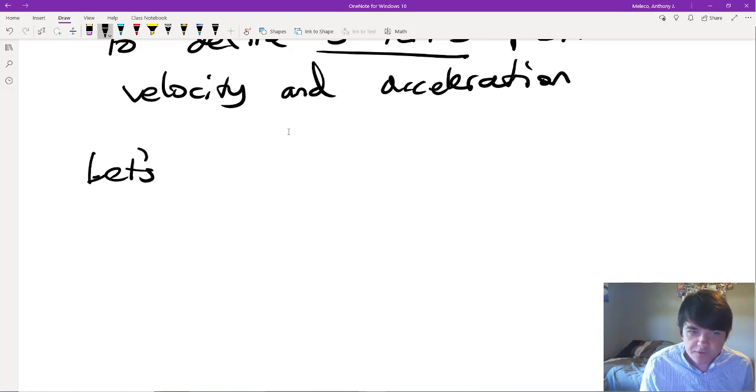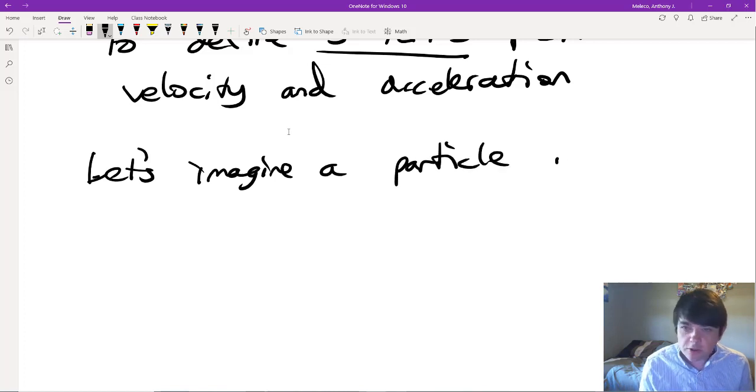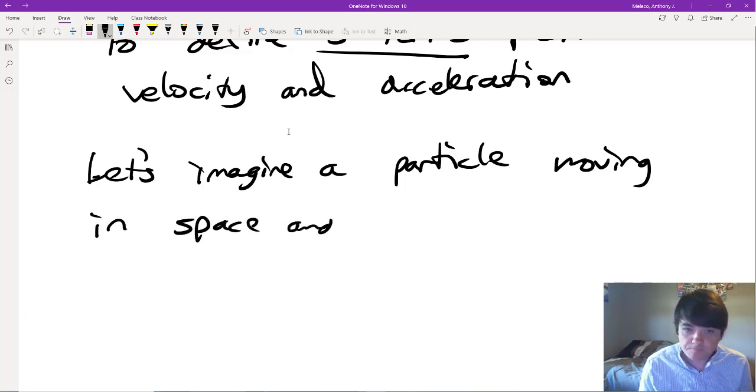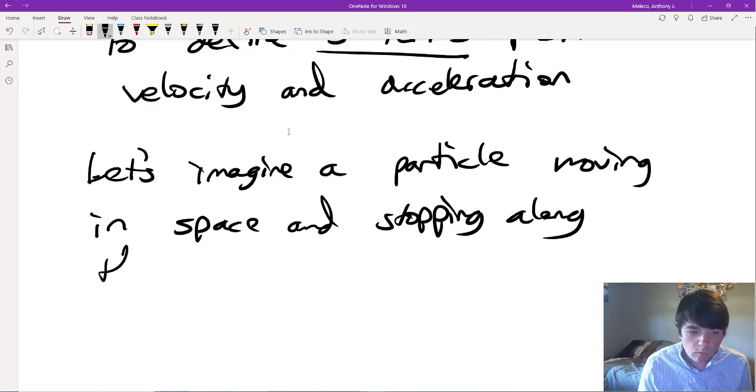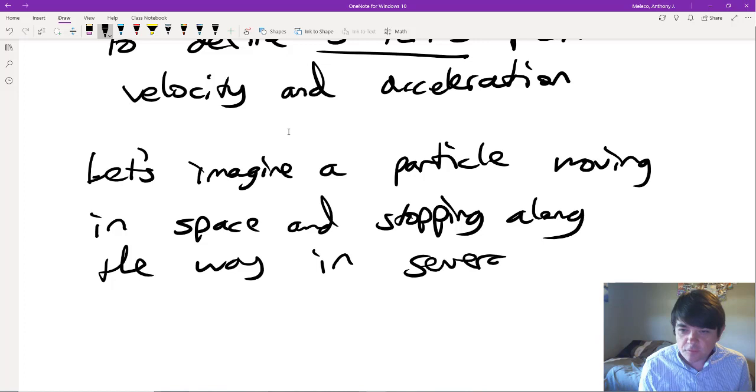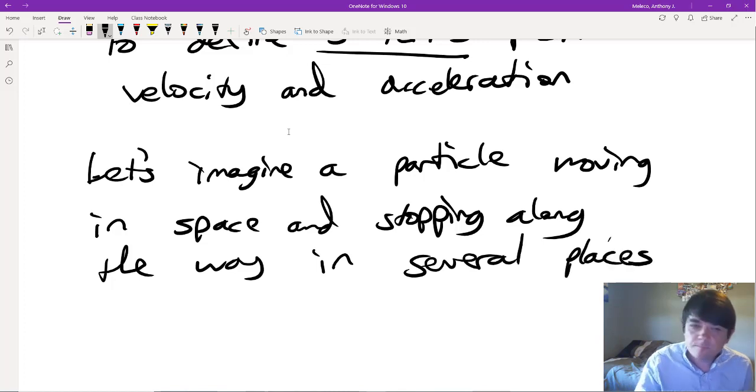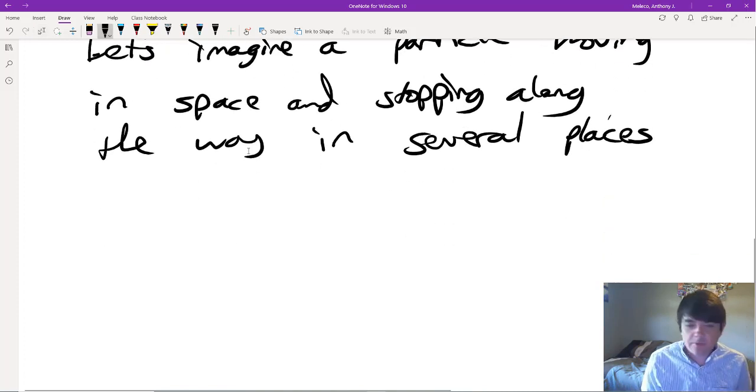So, to start this little discussion, let's imagine a particle moving in space and stopping along the way in several places. Okay? So you've got some particle, doesn't really matter what it is.